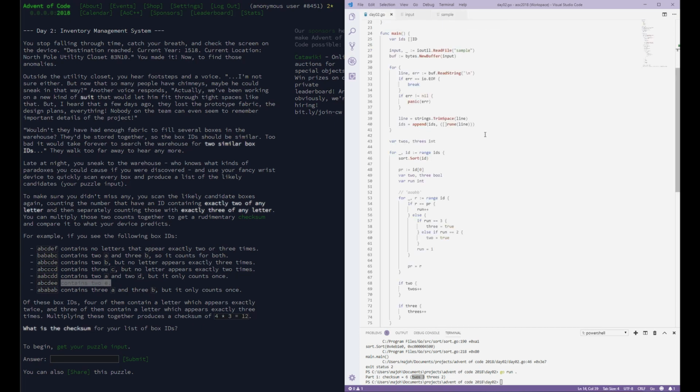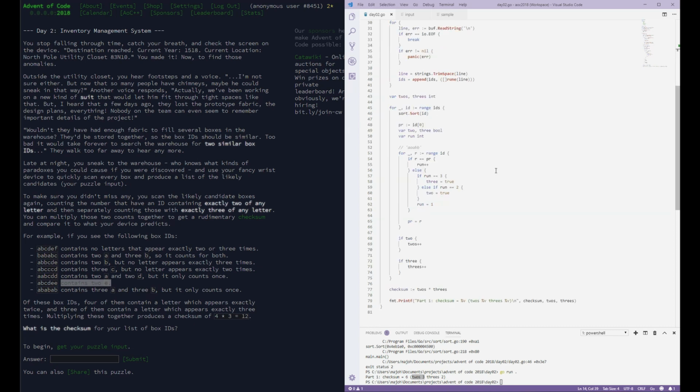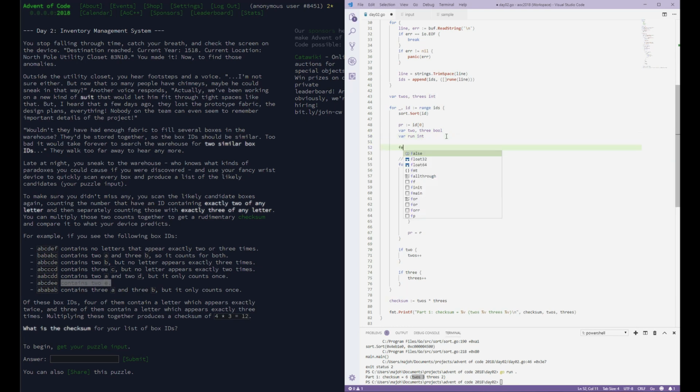Sort. Let's do some debugging here by printing the ID. Couldn't you just do that for me?